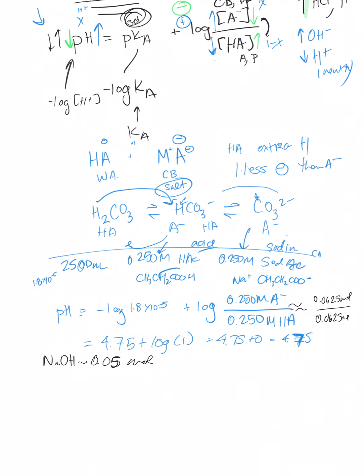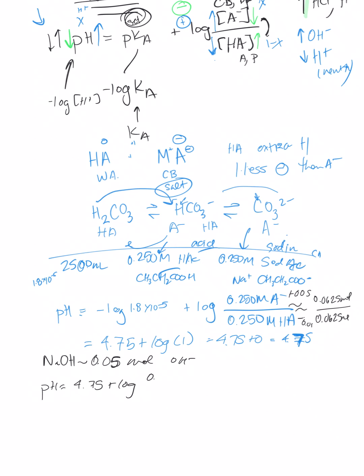Okay, all right, so our pH is going to be equal to, again, 4.75 plus the log. So when we add in our NaOH, that's adding an OH minus, we are going to subtract it from HA. So that's going to be minus 0.05 on the bottom, and we are going to add it to A minus.